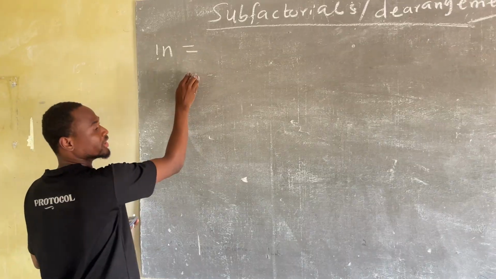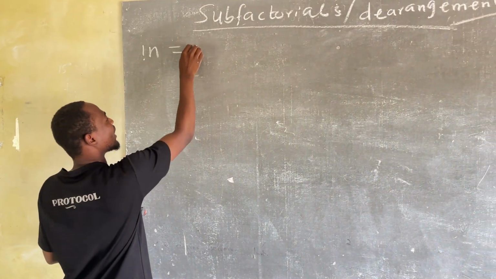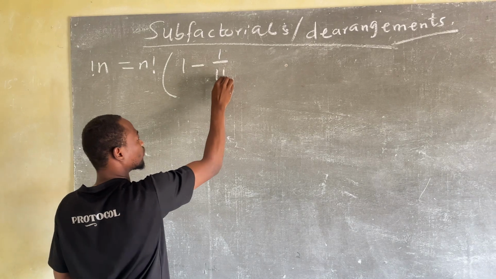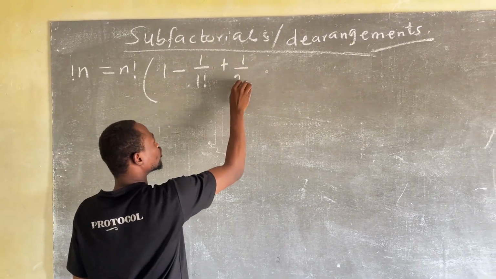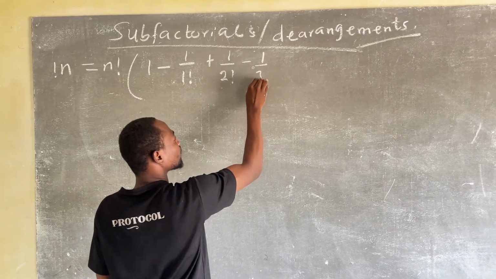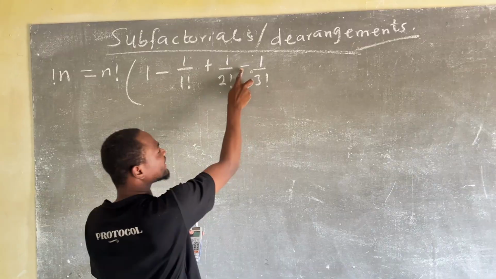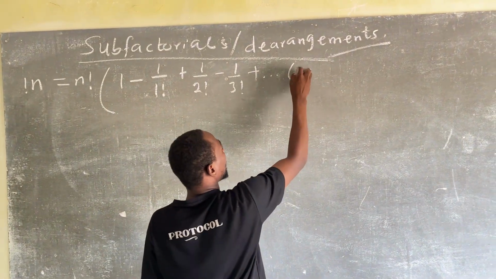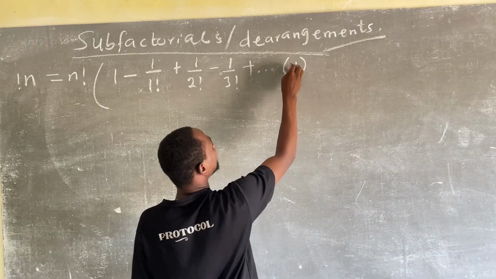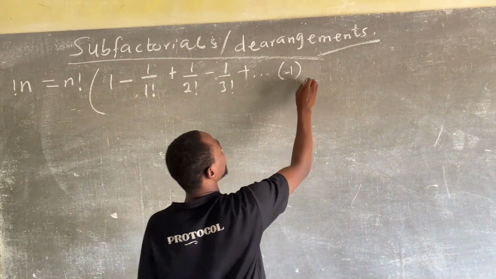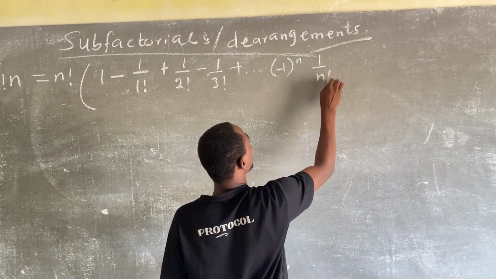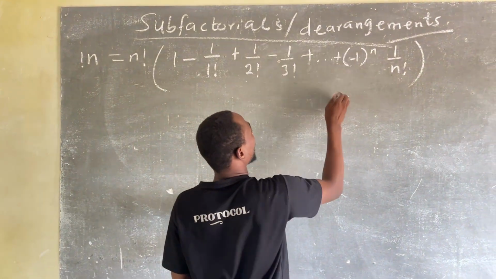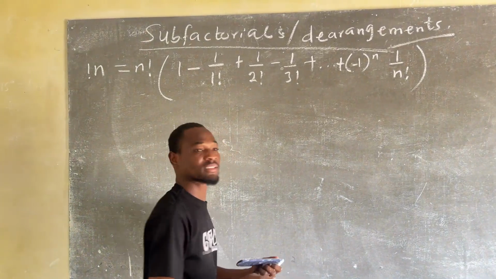So by definition, subfactorial of n is given by n factorial multiplying 1 minus 1 over 1 factorial, plus 1 over 2 factorial, minus 1 over 3 factorial, and so on, alternating signs, up to negative 1 to the power n times 1 over n factorial. So class, this is what we said.